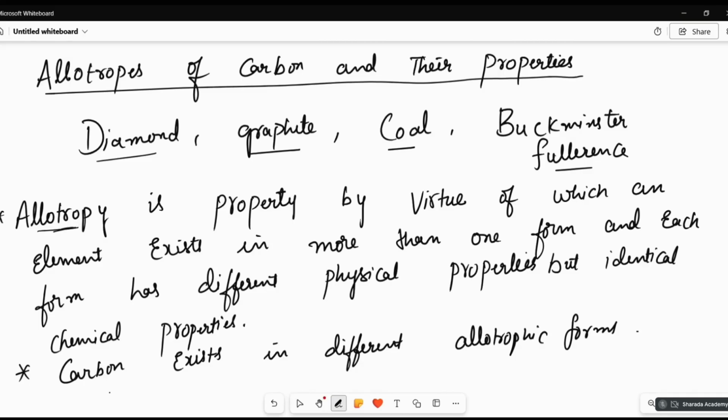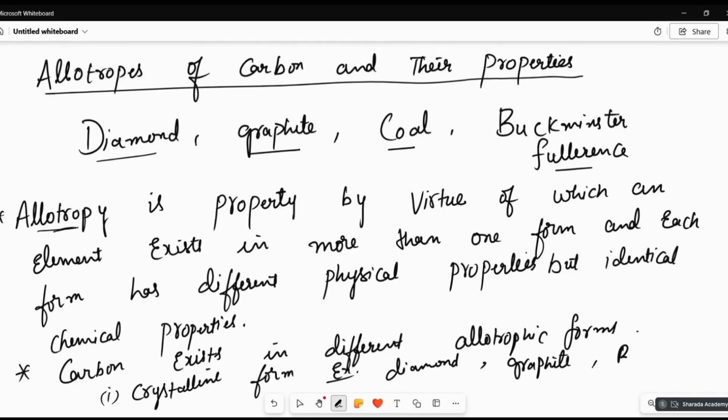One is the crystalline form. Write down, crystalline form. Examples are diamond, graphite, Buckminster fullerenes. All these come under this.